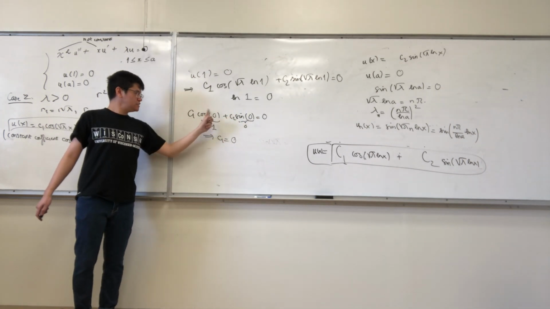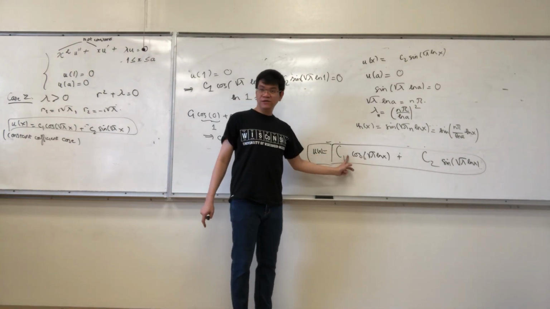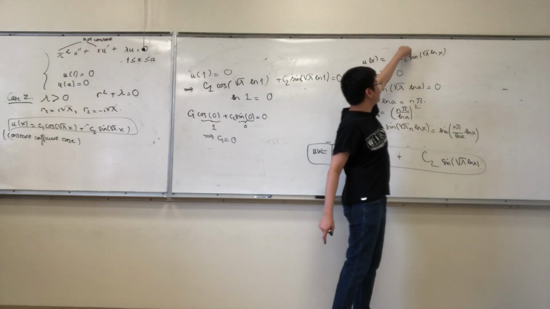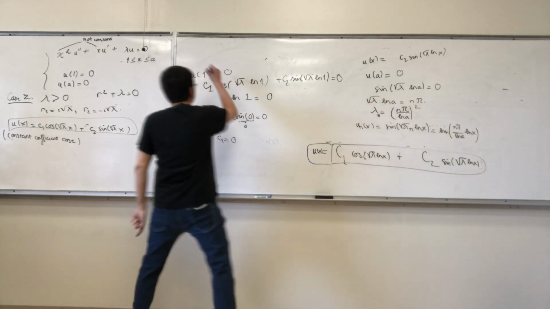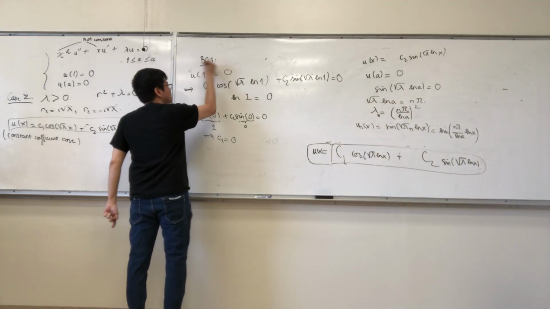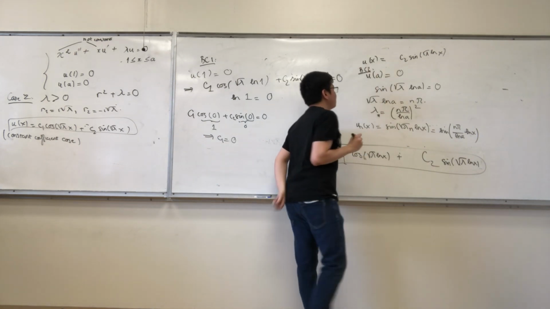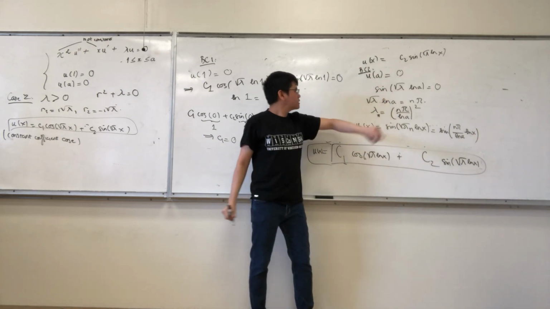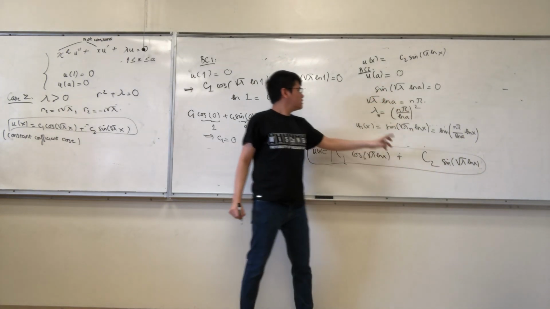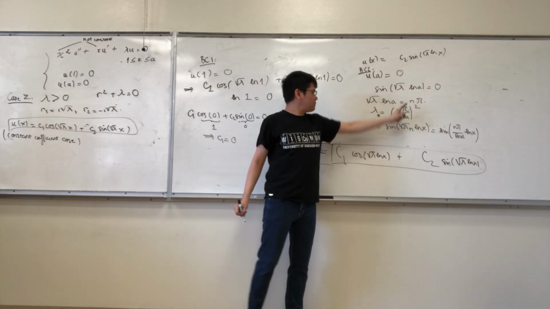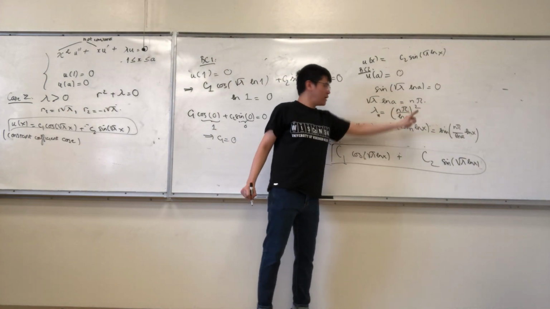Cosine of 0 is 1, so c1 has to be 0. You replace 0 here, and you get c2 sine of square root lambda log x. This is boundary condition number 1, and this is boundary condition number 2. u(a) is 0, meaning that sine of square root lambda log a is 0, which means that lambda n should be (n pi over log a) squared.